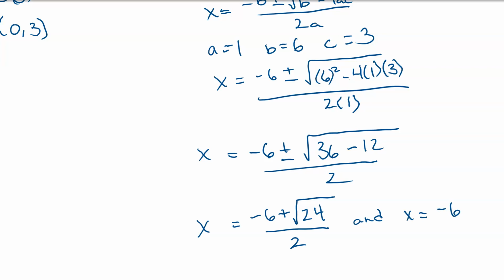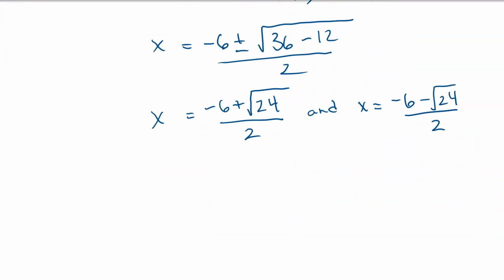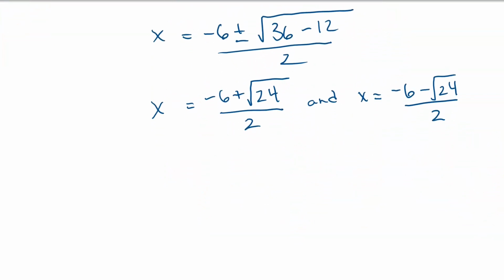And then we're going to go over simplifying radicals in detail together, right? But basically when we do that, we say what's the biggest perfect square that goes into the number under the square root. But for today, I'm going to let you off the hook, so to speak, and we're just going to find an estimate by plugging this into the calculator. So we're going to do negative 6 minus the square root of 24, and then divide by 2. When you do that, you're going to get negative 5.45.